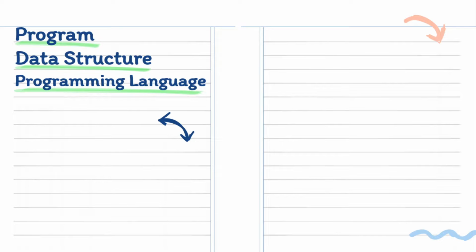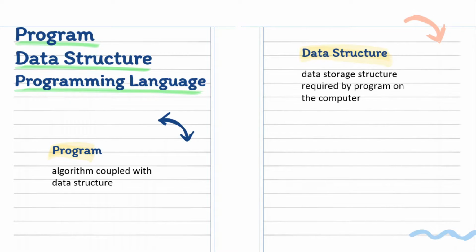Okay, next we will discuss the differences between program, data structure, and programming language. Program is algorithm coupled with data structure, and the data structure is a data storage structure required by a program on a computer.